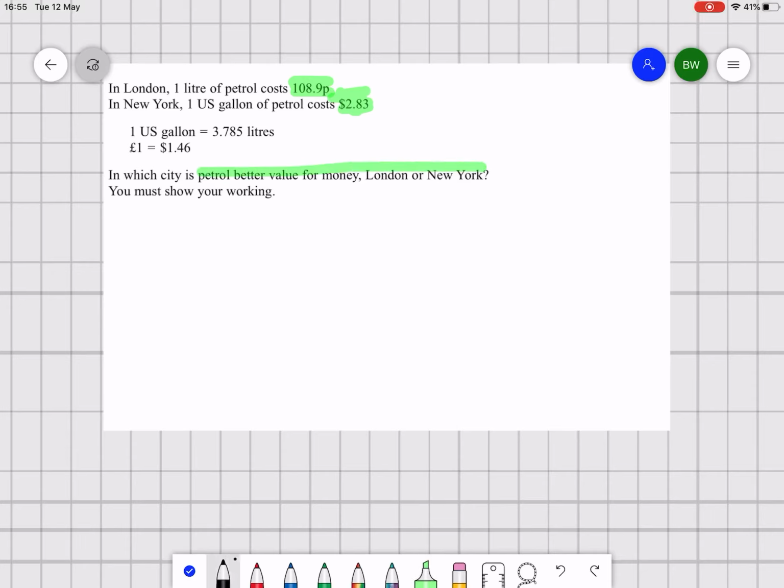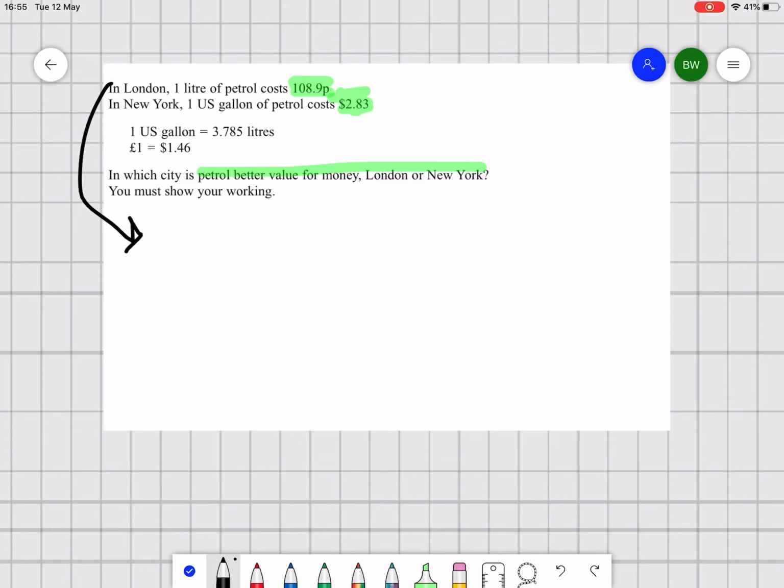So what we need to do here, we need to get everything to the same. So make a decision. Either we're going to convert to London, we're going to convert it to litres and pence, or we're going to convert it to gallons and dollars in New York. So what I'm going to do, I'm going to convert the London one, I think, to dollars.